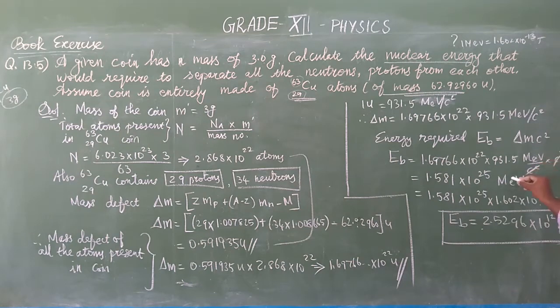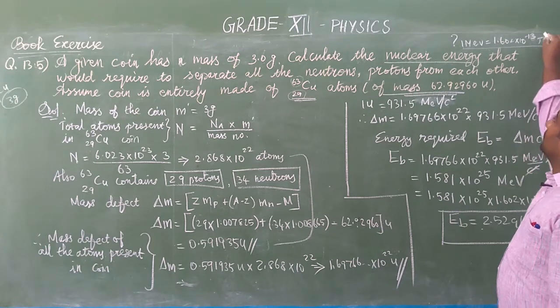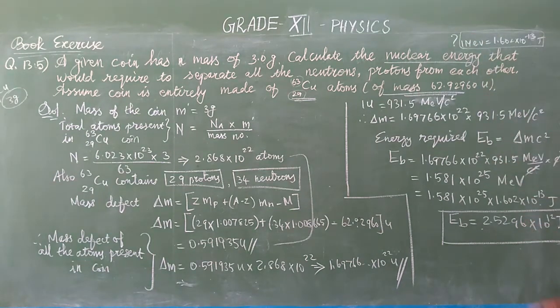Then we got the answer in mega electron volt. But we need the energy value in joule. So converting this electron volt into joule, we substitute this value. Then finally we got 2.5296 into 10 to the power 12 joule of energy, which is required for the copper coin to break into protons and neutrons from each other.